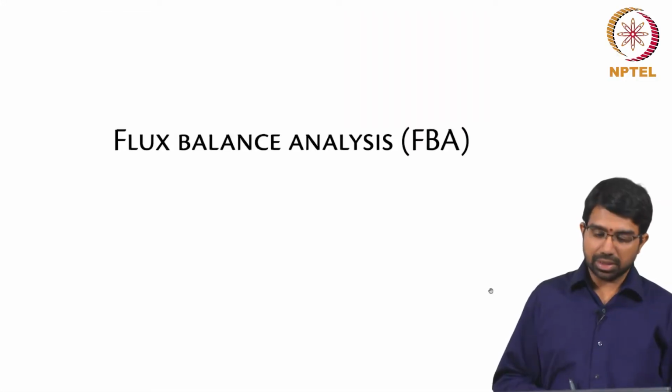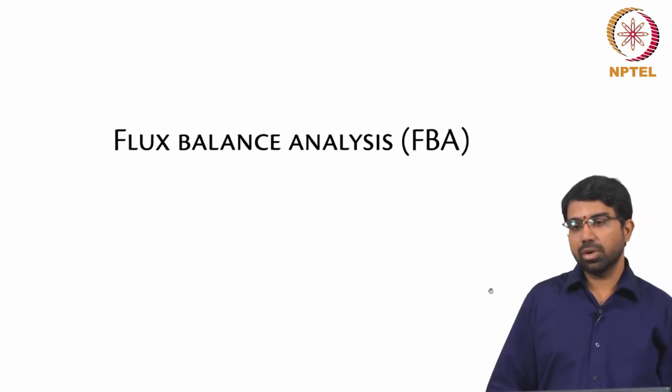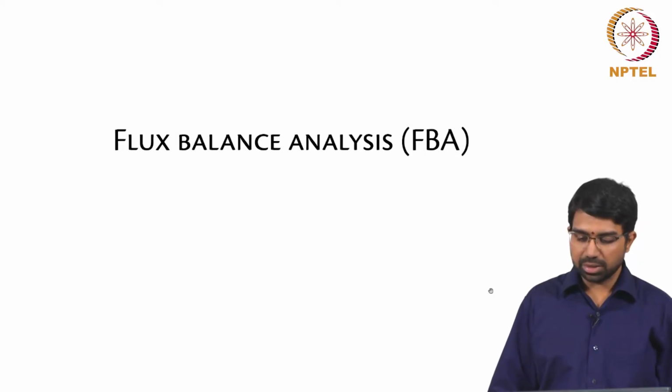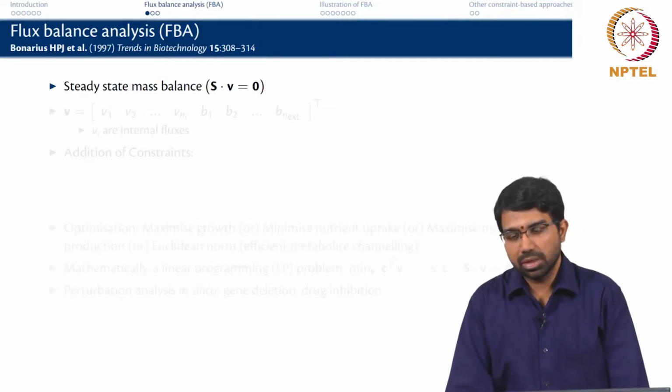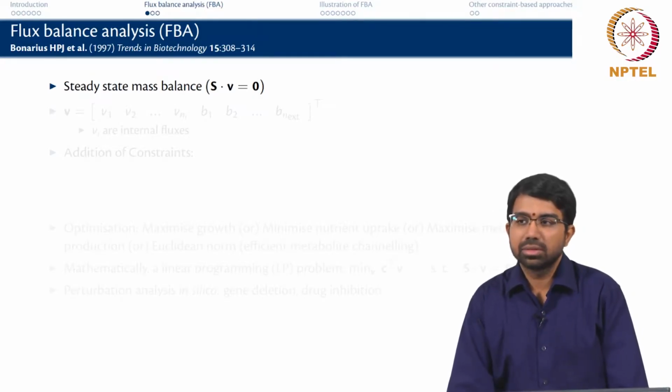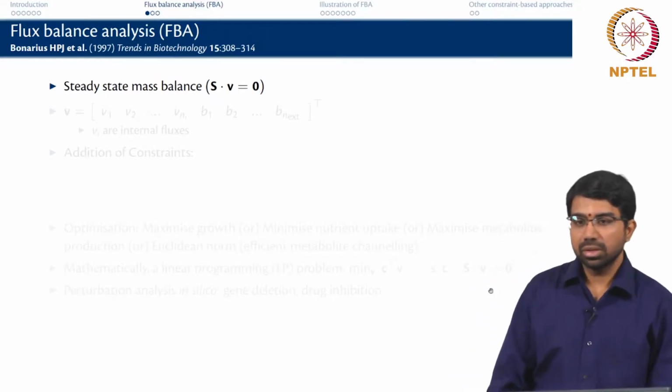So, flux balance analysis is the most important concept when it comes to constraint based modeling. It was one of the first techniques that was used. It involves a steady state mass balance, right. What is steady state? There is no accumulation, right.